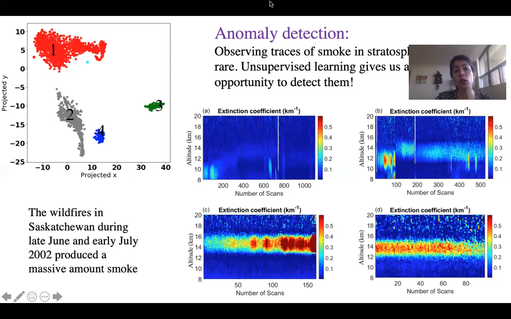And then when we looked at each cluster, we realized that cluster 1, which you can see here, shows a very clean atmosphere. These plots show the extinction coefficient, which is a way for us to see how much of the radiation was absorbed by the atmosphere.